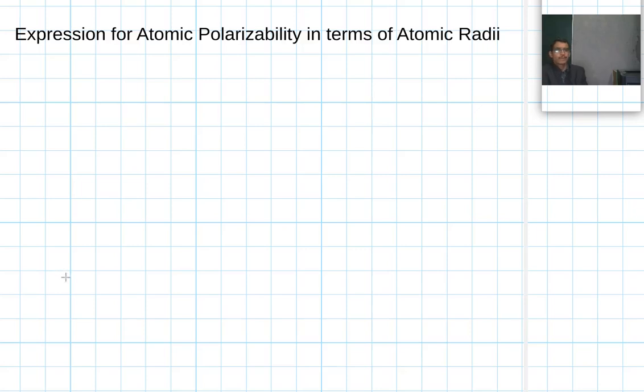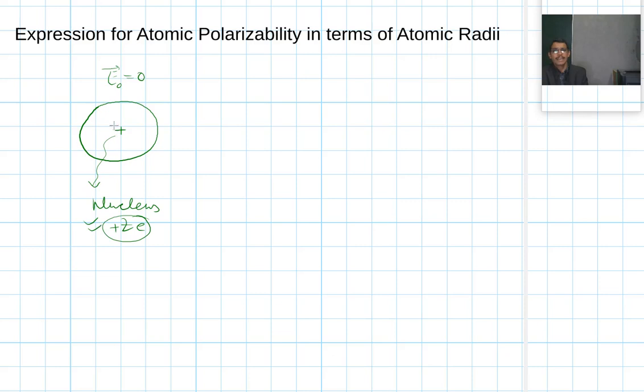So now I am going to derive an expression for atomic polarizability in terms of atomic radii. For example, an atom of radius r is placed here, and no electric field is applied. So this is the positive charge, the nucleus, having charge plus Ze, and the negative charge is uniformly distributed over it.